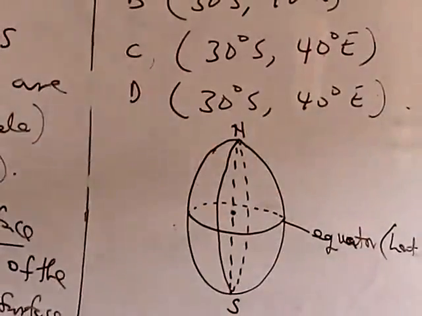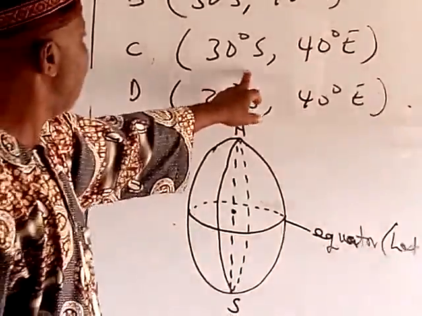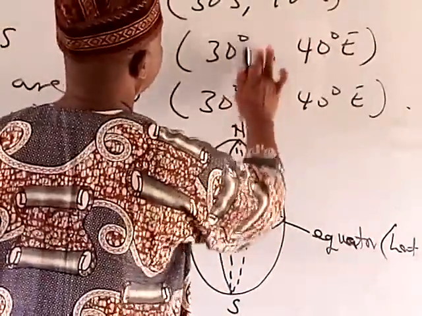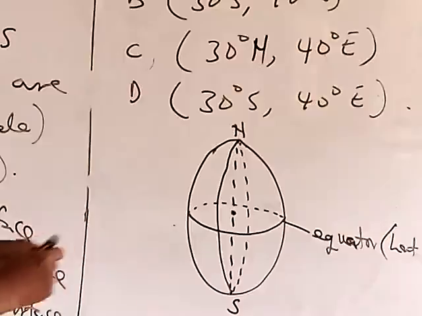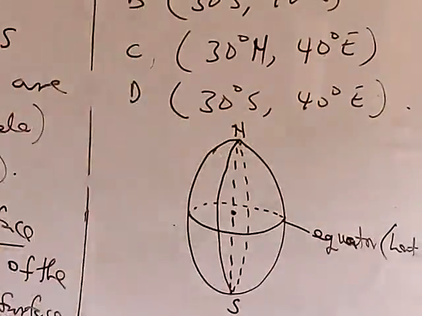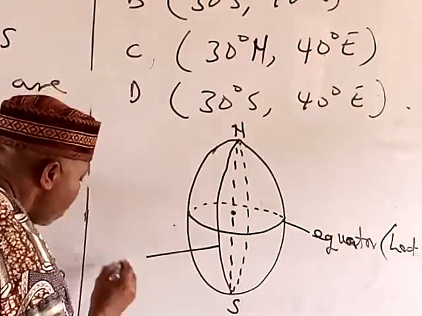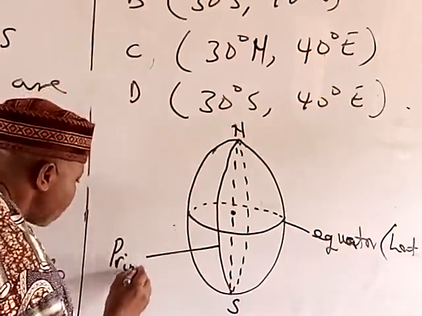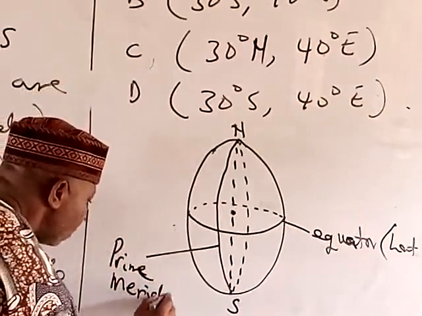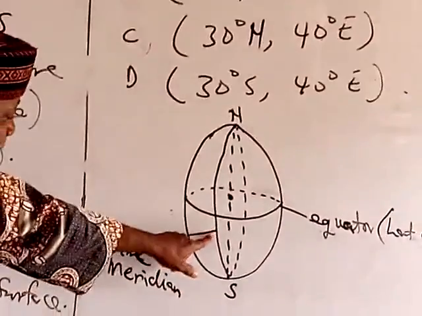You have 30 degrees north. We have 30 degrees north, 40 degrees, 30 degrees south, 40 degrees east. That's okay. Now, we have the prime meridian here. You know, this is the prime meridian.